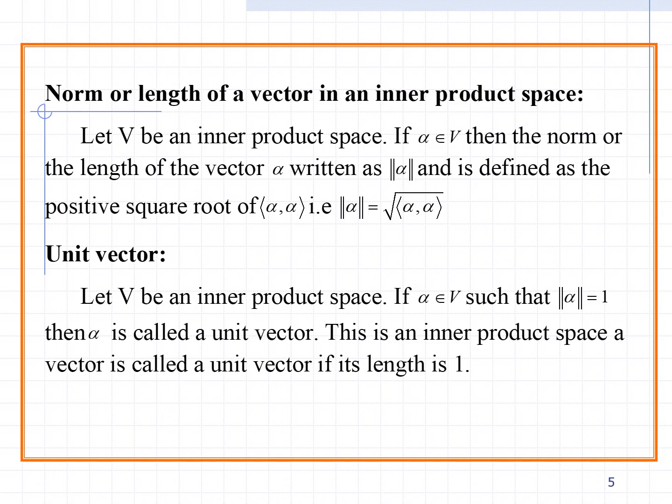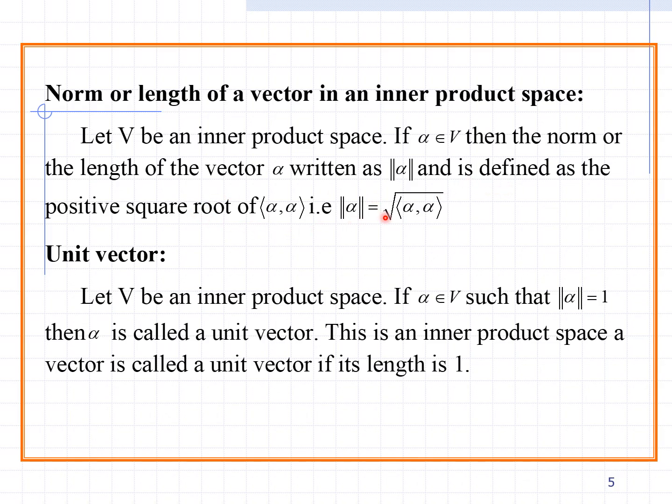Let us see the two very important definitions. Norm or length of a vector in an inner product space. Let V be an inner product space. If alpha belongs to V, then the norm or the length of vector alpha, written as norm alpha, is defined as the positive square root of the inner product of alpha comma alpha.